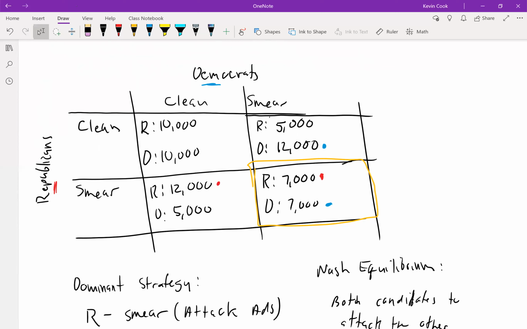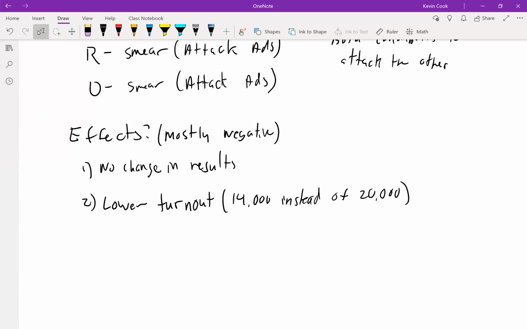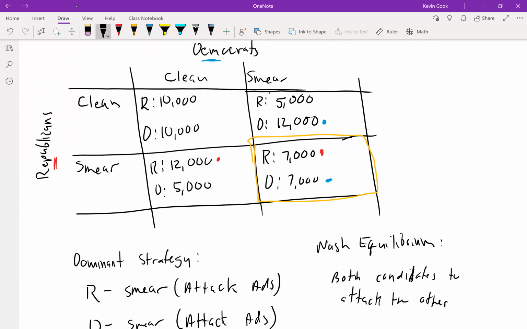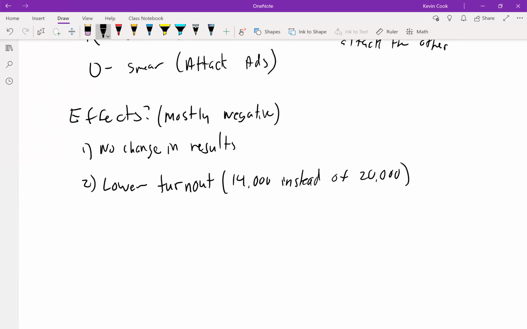Of your people in the middle, they may be more inclined to vote one way or the other, but if one candidate is terrible, they'll vote for the other, or vice versa. And if they're both terrible, maybe they just decide not to vote at all. So we have this lower turnout, and we see we have 6,000 fewer people voting. We'd like to have everybody participating.